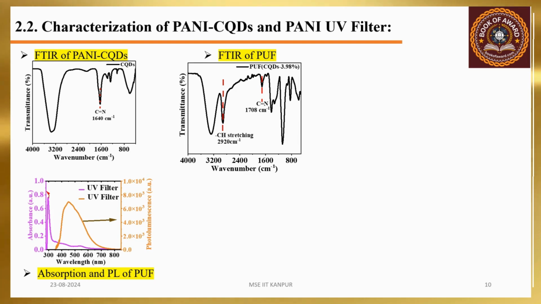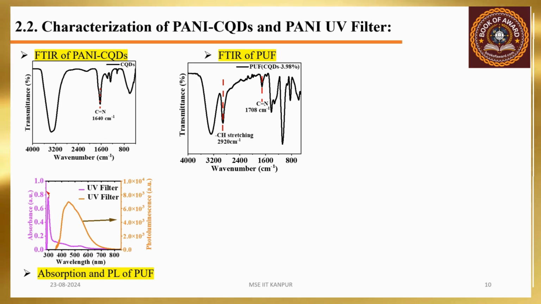This is the FTIR graph of Pani UV filters. Pani UV filter is the composite material obtained after mixing polyvinyl alcohol and carbon quantum dots in appropriate amounts.